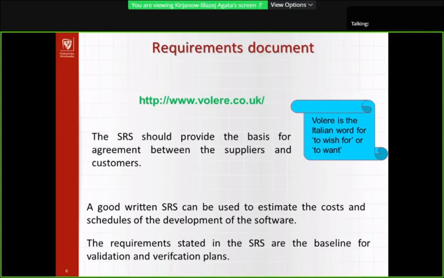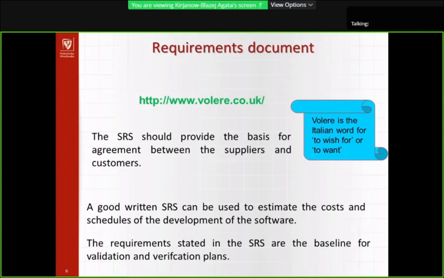The SRS should provide the basis for agreement between the suppliers and customers. A good written SRS can be used to estimate the cost and schedules of the development of the software. The requirements stated in the SRS are the baseline for the validation and verification plan.